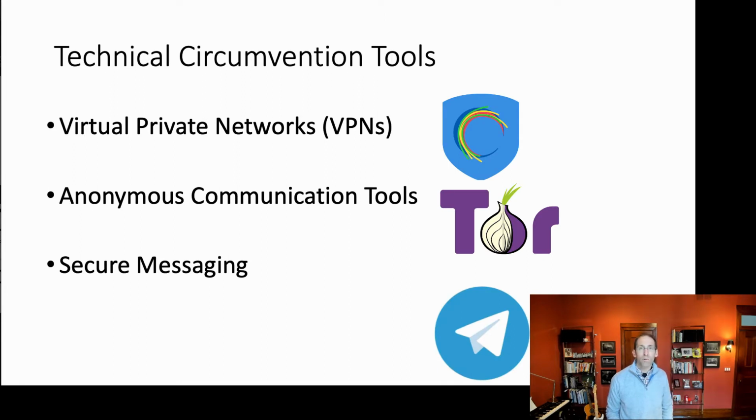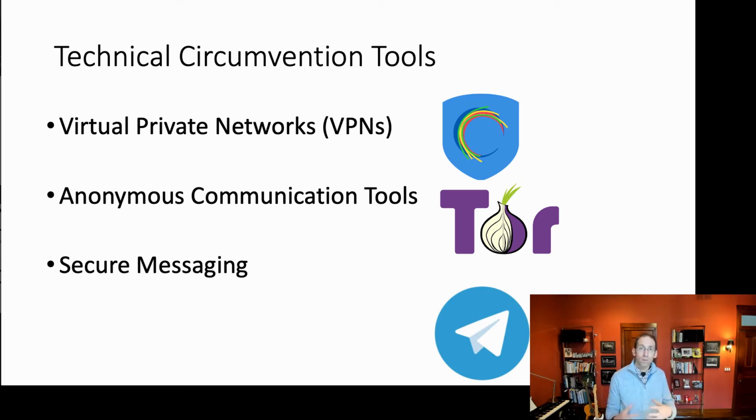One means for circumventing internet censorship is technical. So one could use technologies such as a virtual private network, or an anonymous communication tool, or a secure messaging application to circumvent censorship. And usually the technique here is designed to hide communications from some kind of observer.